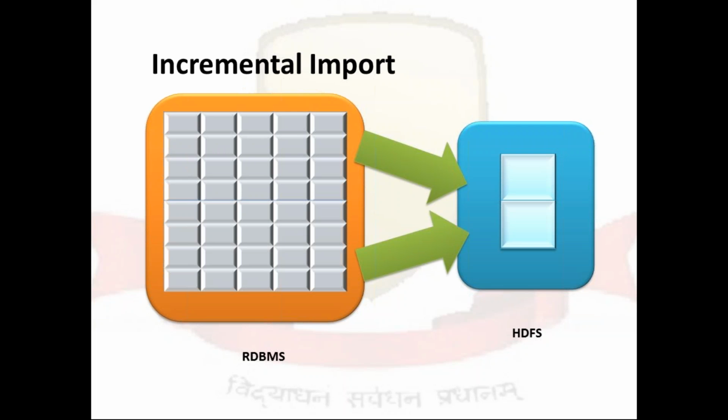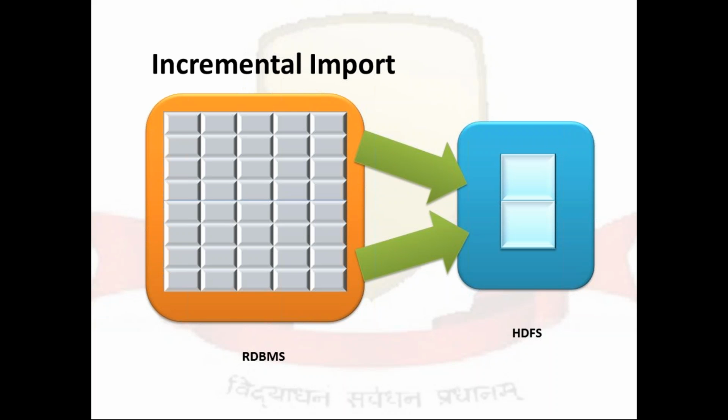With the help of incremental import, you can limit the data that you are ingesting into DFS. Instead of having to copy and move the complete data set each time, why would we not import only the new data, or ingest only the part of the data that has not already been moved to the DFS?